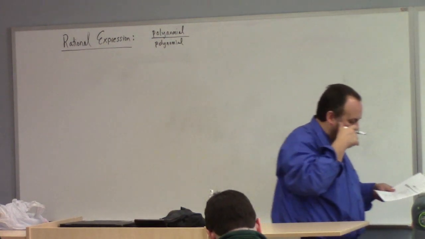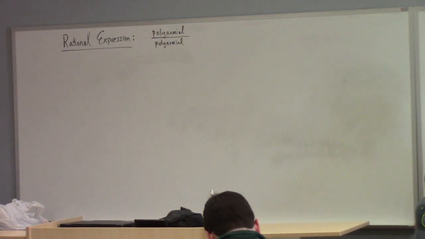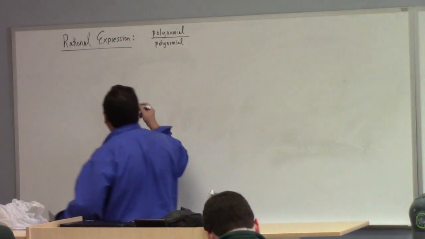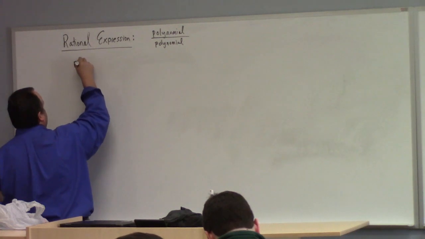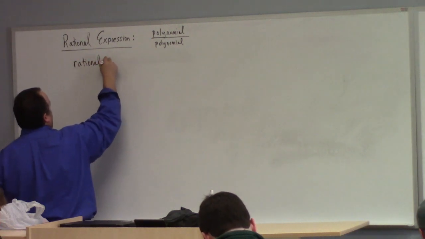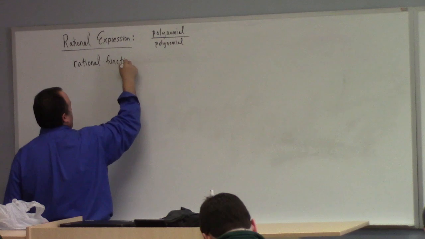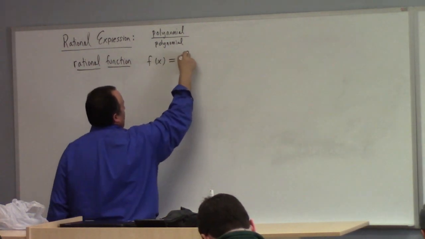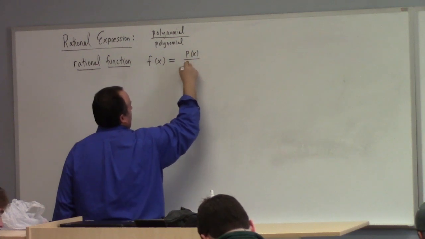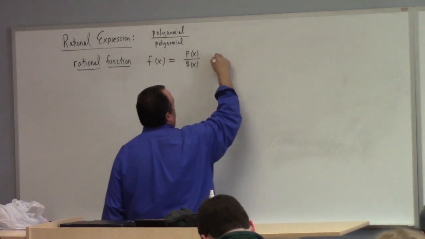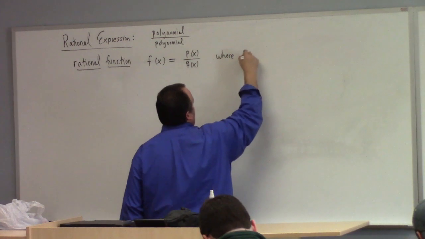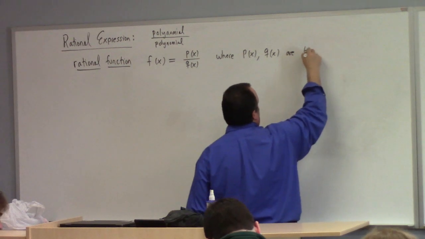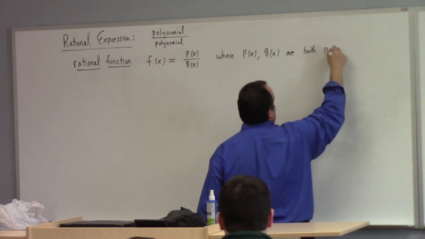So it's basically like fractions of polynomials. That's a rational expression. What's a rational function? A rational function has the form f of x equals p of x over q of x, where p of x and q of x are both polynomials.